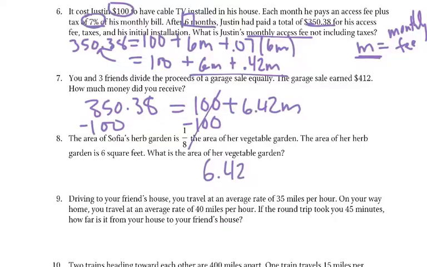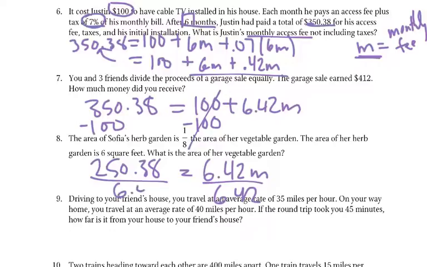So 6.42M would equal 250.38 divided by 6.42 to get our next answer. So 250.38 divided by 6.42, and that gets us $39. So 39 equals M. So his monthly fee is $39, not including the taxes.